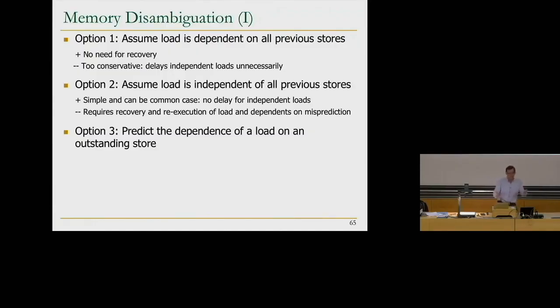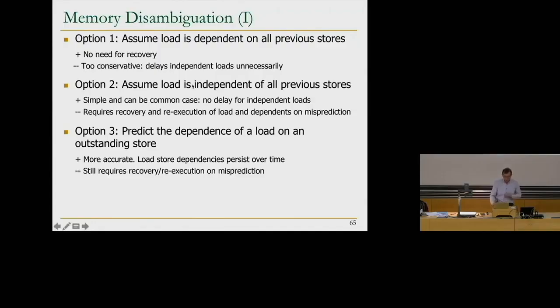When the store computes its address, it needs to check whether there was a load that assumed it was independent of the store. So that's a mess. It requires recovery and re-execution of the load. Existing machines actually flush the pipeline whenever they're wrong.